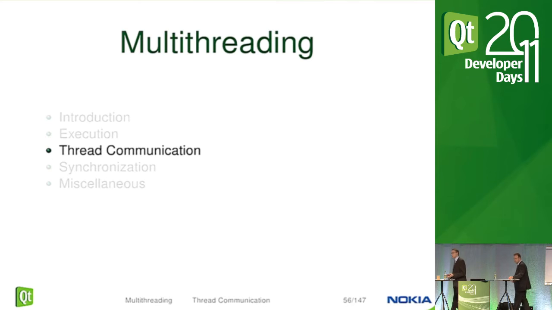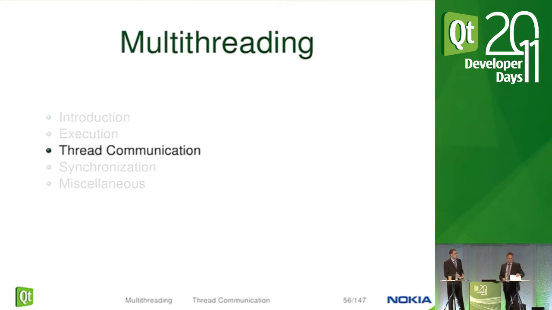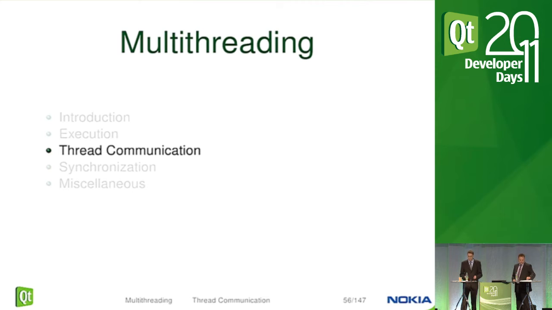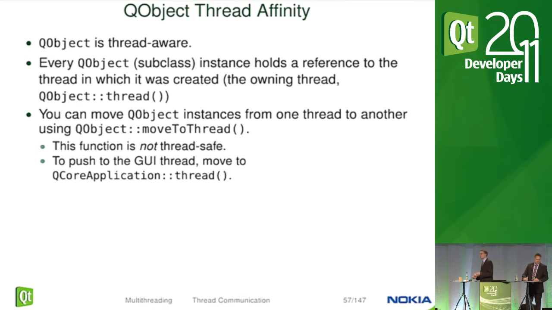Yeah, next section is thread communication, and that will also explain how we get results out of runnables. For that, we need to look a bit into the details on how QObject works in relation to threads. Each instance of a QObject is aware of the thread it belongs to.